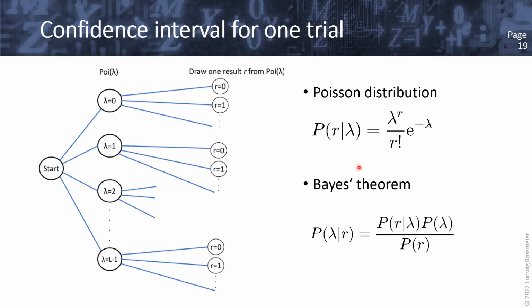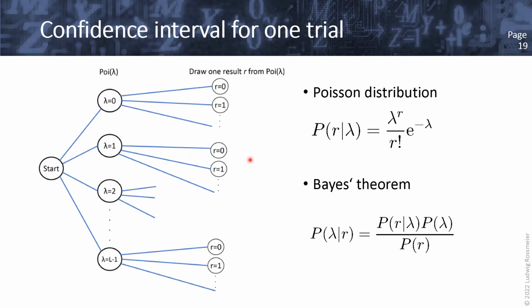Then we also know from Bayes' theorem that P of lambda given R is the same as P of R given lambda times P of lambda divided by P of R. That gives us a way to somehow invert this graph.